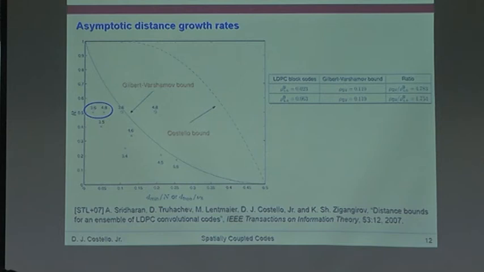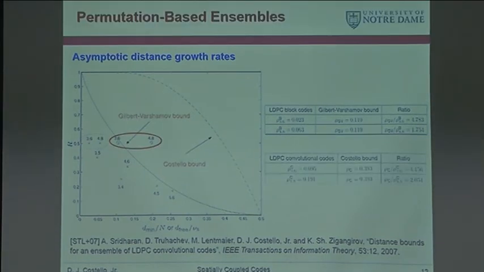So as we talked about yesterday, as the density of the block code increases, the codes get stronger. Their minimum distance properties get closer to the Gilbert-Varshamov bound. And we can derive the same kind of bounds on free distance of the permutation-based ensembles of convolutional codes that we just talked about.